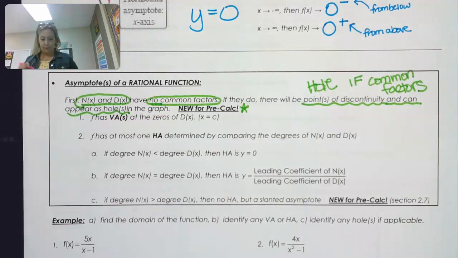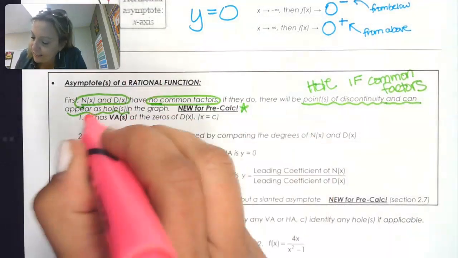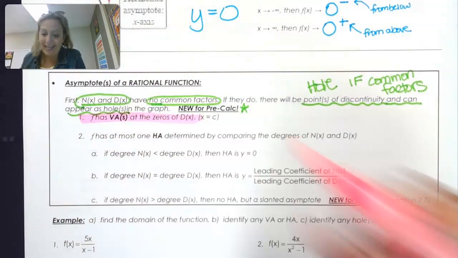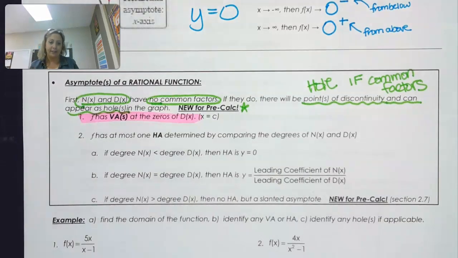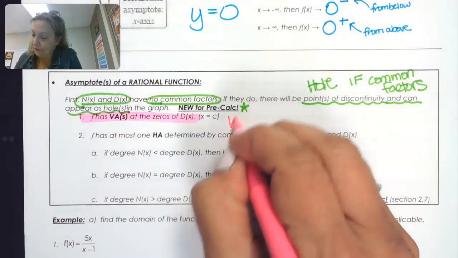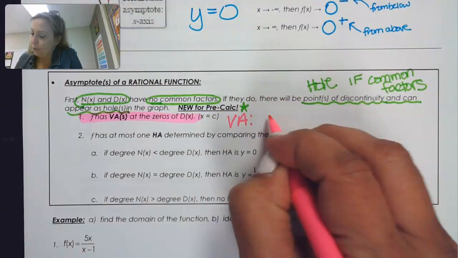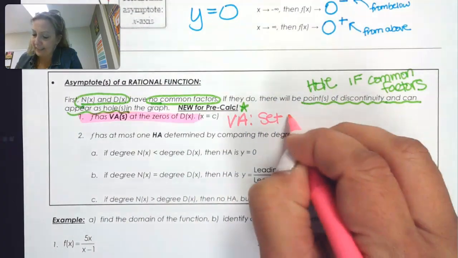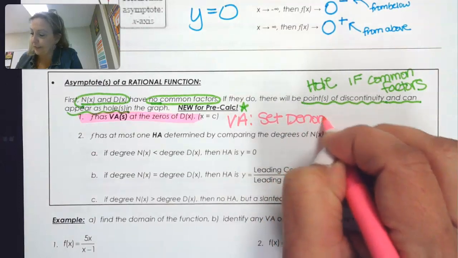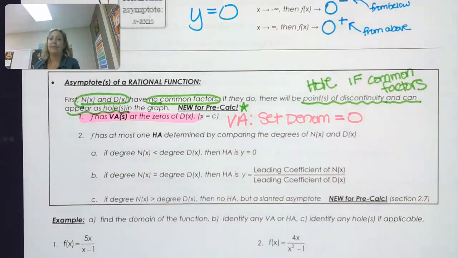So what we know from last year is that our function has vertical asymptotes at the zeros of our denominator. And so to find our vertical asymptote, what we're going to do is we set the denominator equal to 0. And ignoring any common factors, any leftover factors we have mean that we'll have a vertical asymptote.